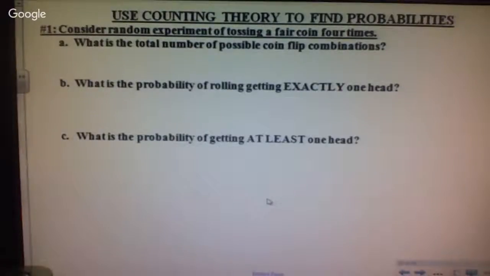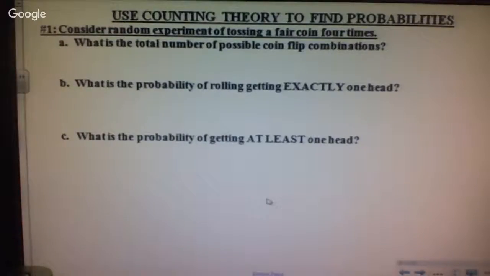All right. So when I set up these problems, I kind of set you up for success. So in part A, you are finding the total, which you will use to divide through part B and part C. So consider a random experiment of tossing a fair coin 4 different times. What is the total number of possible coin flip combinations?